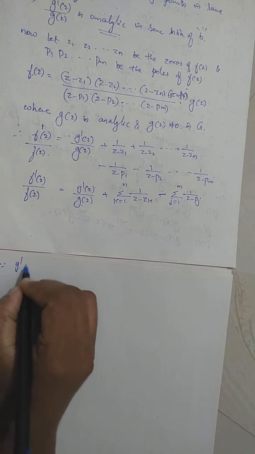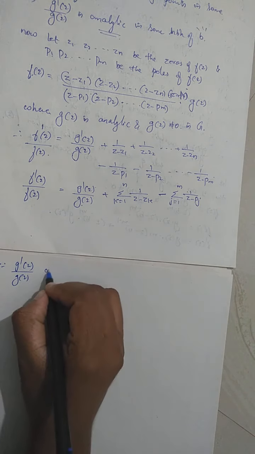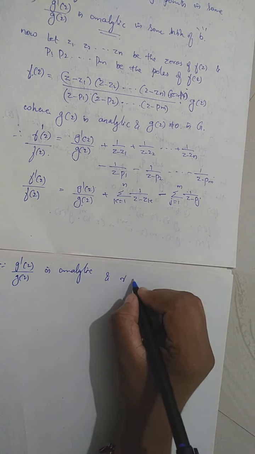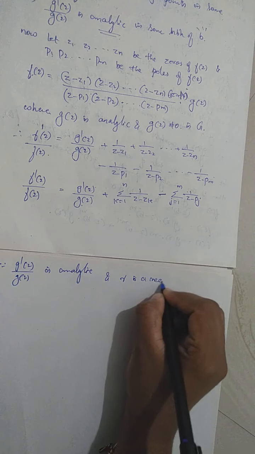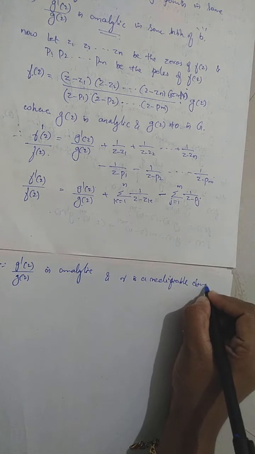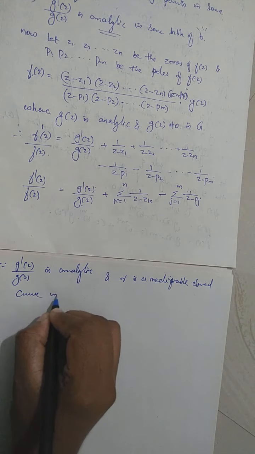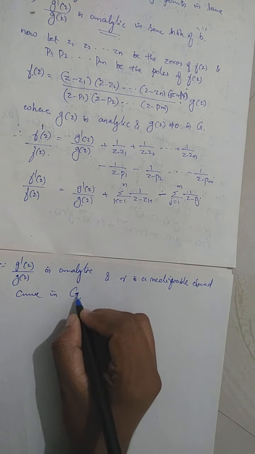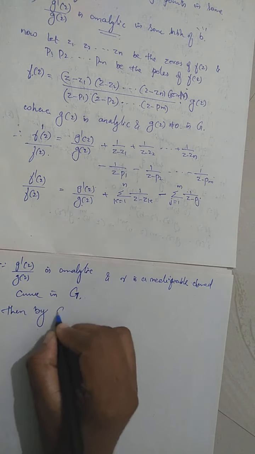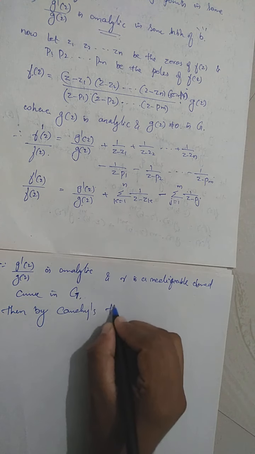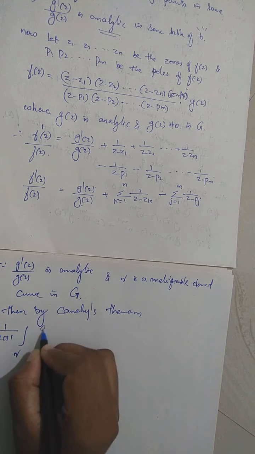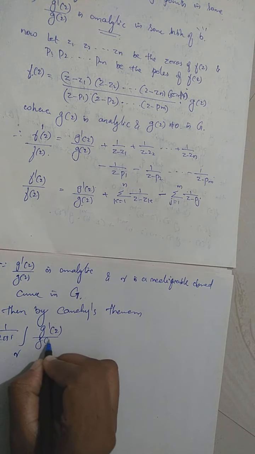Since G dash Z divided by Gz is analytic, and gamma is a rectifiable closed curve in G, where G is a region, then by Cauchy's theorem, 1 by 2 pi I integral over gamma of G dash Z by Gz is 0.